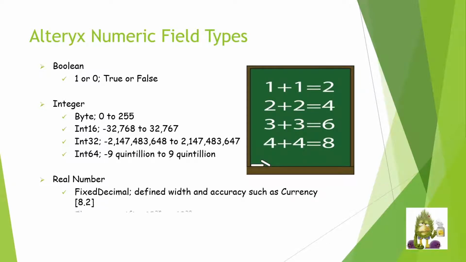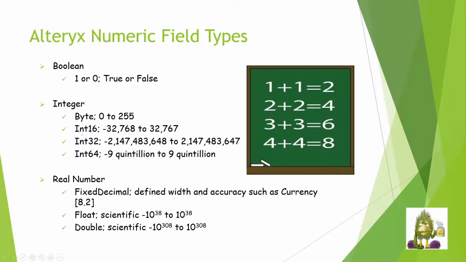Alteryx has a number of different formats that you can choose for your numeric data. Boolean, which is a single digit, which is either a 1 or a 0, representing true or false. An integer has 4 different types of 4 different sizes. A byte is an integer from 0 to 255.